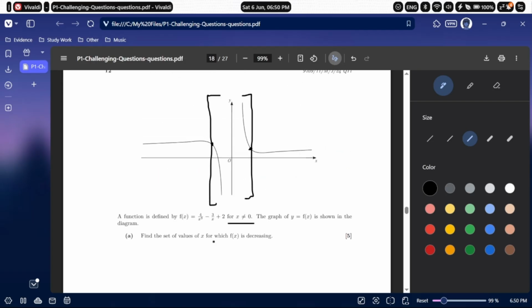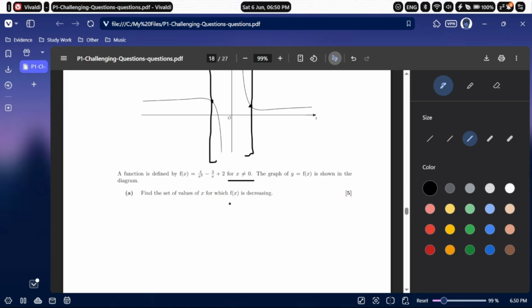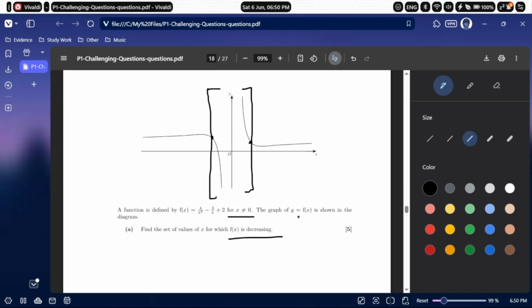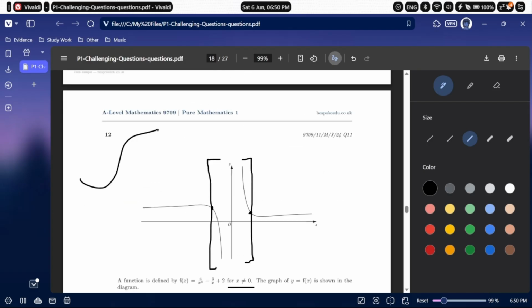Okay, so now you have to find out when the function is decreasing. If you have some sort of curve, let's say this is f of x, over here it's definitely decreasing. After this point it starts increasing again. Okay, that's a bad graph, but anyway, it's decreasing like this.